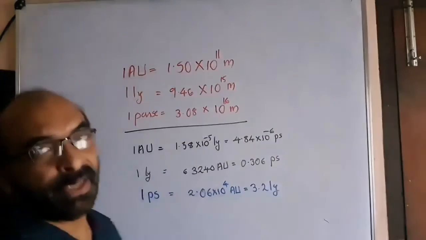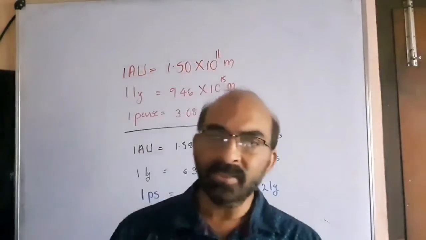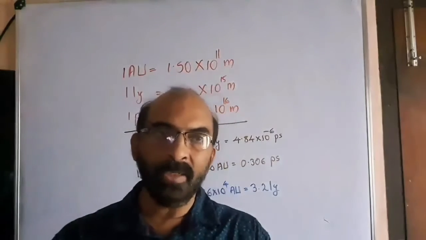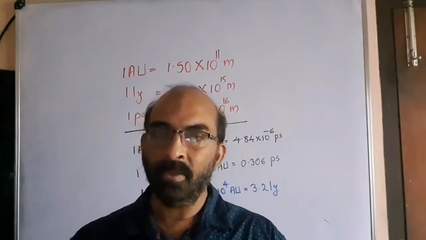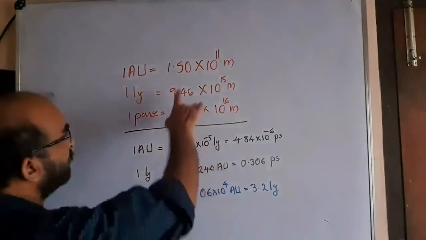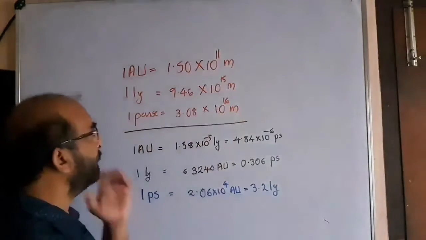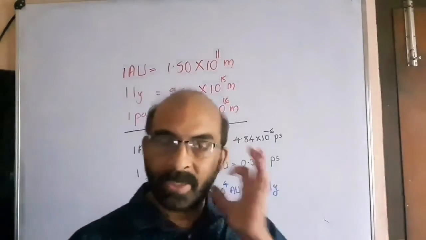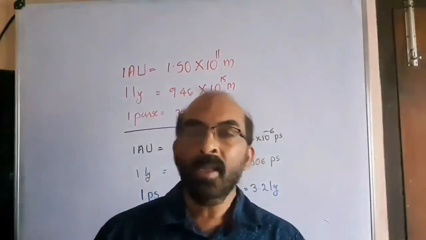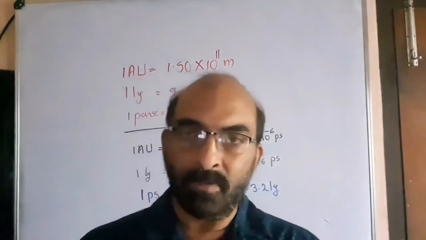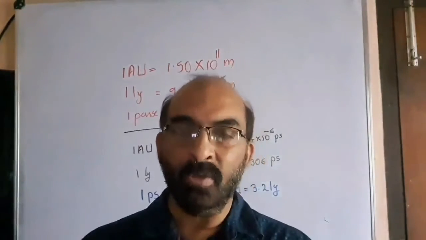Then light year. We know light year is the distance traveled by light per year. Its value is much greater than this, 9.46 into 10 to the power 15 meter. Okay, that is one light year. And thirdly, parsec, one parallactic second or one parsec.